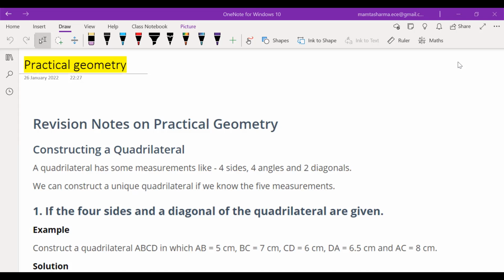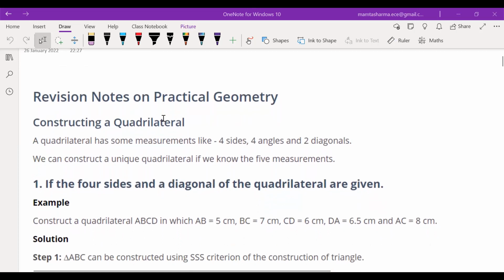Yes, how to construct. We will construct all shapes by using compass, ruler, and that device for drawing an angle. What is that device? Do you have a geometry box?